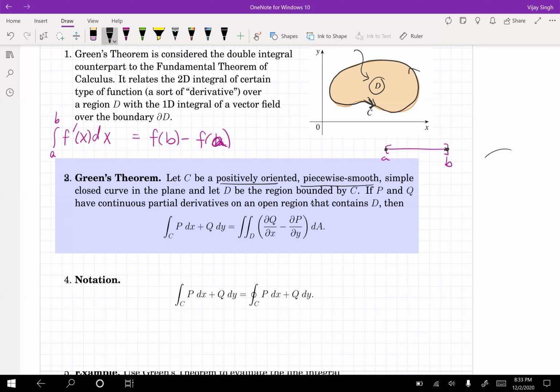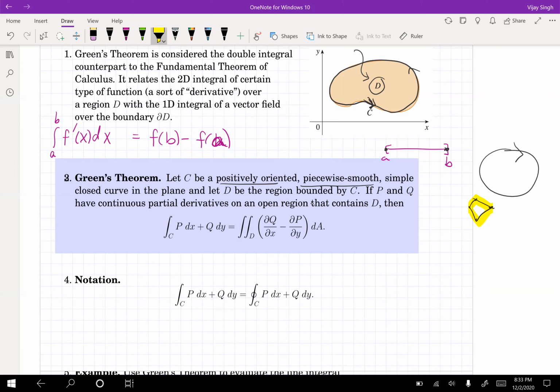For example, this would be negatively oriented, because here the region lies to the right of the orientation. Piecewise smooth means corners are okay, so corners are fine in this case. It's a collection of smooth pieces.